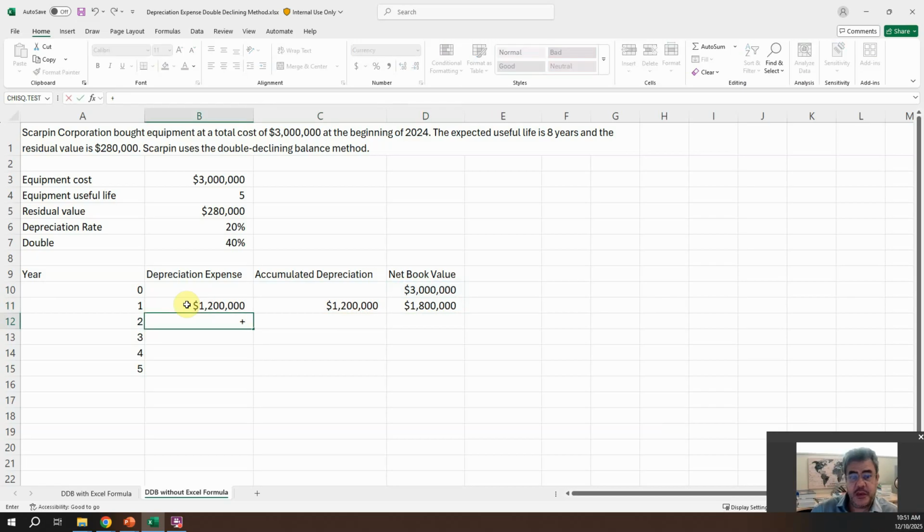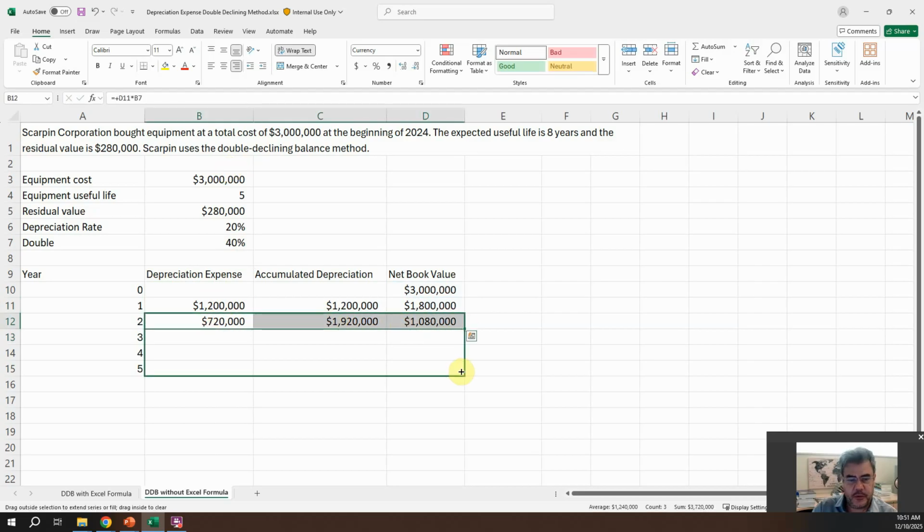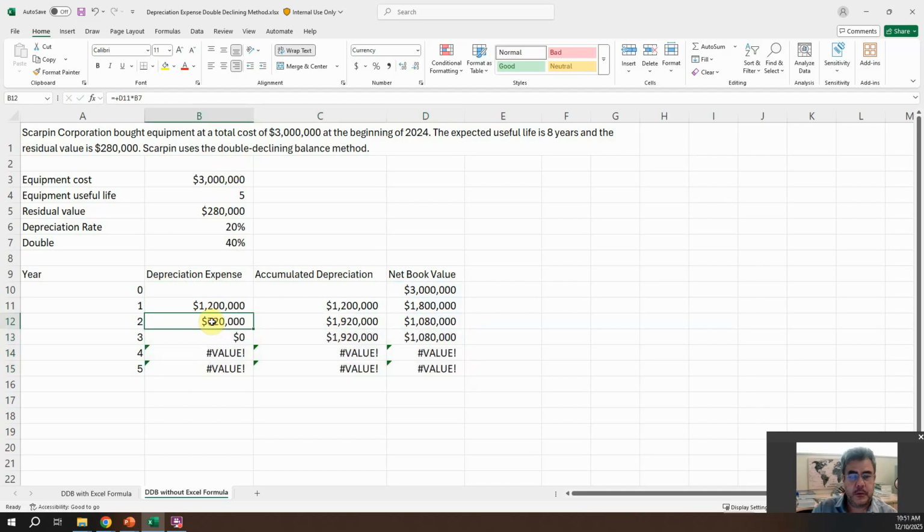The second year, so we don't consider residual value here, unlike other methods. For the second year it is the net book value, not the equipment cost, times 40%. Accumulated depreciation here, and the net book value, oh sorry, the first formula here is wrong. Here minus depreciation expense, and let's copy and paste this formula here. Okay, what is wrong here?